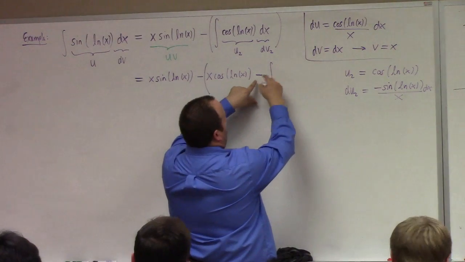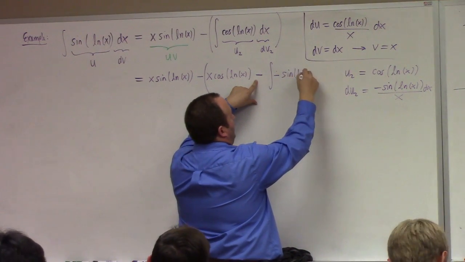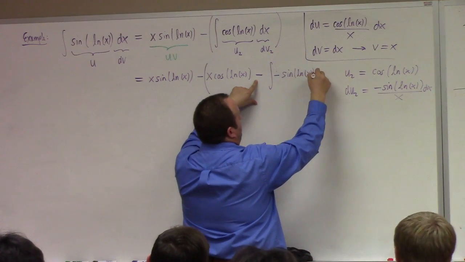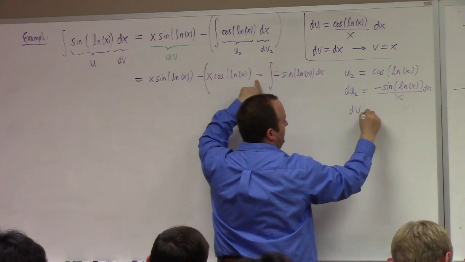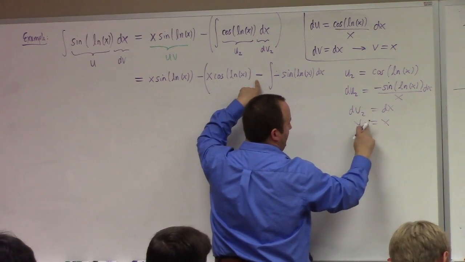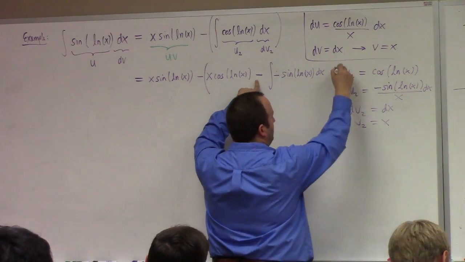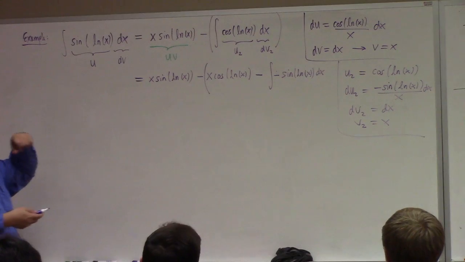So that gives me a minus sine of log x dx. The x's cancel, right? This x and the dv2 equals dx gives me v2 equals x again. So the 1 over x from the du2 and the x cancel. But how many minus signs total do you got?